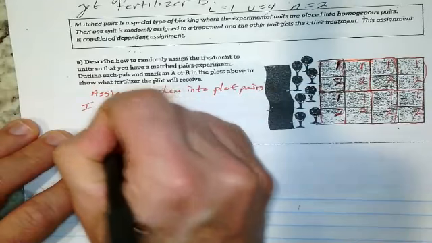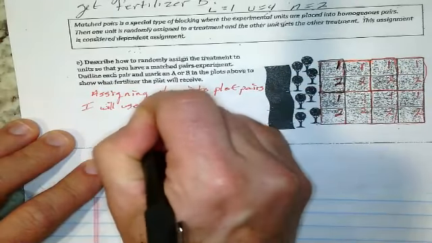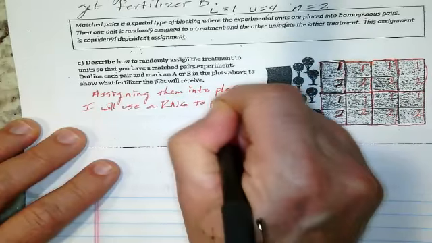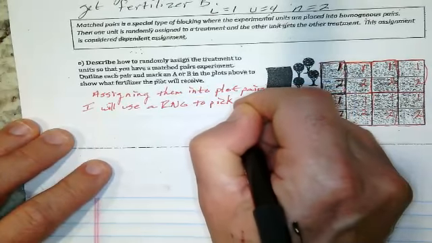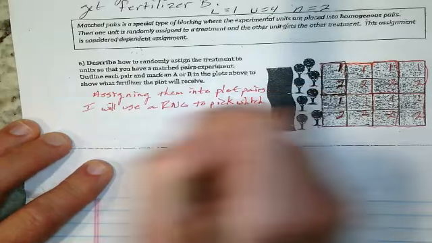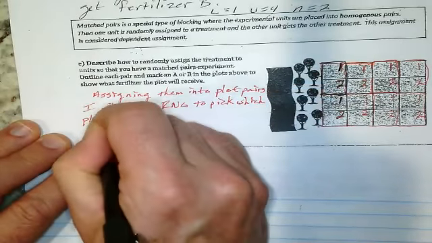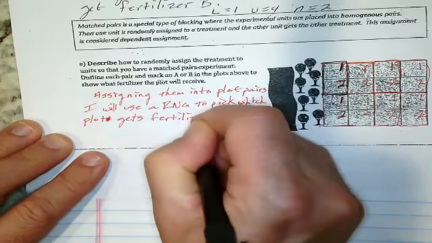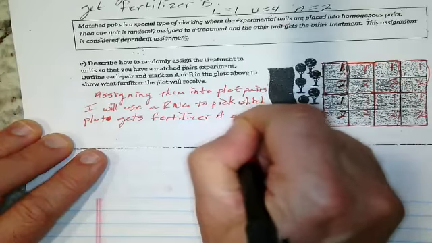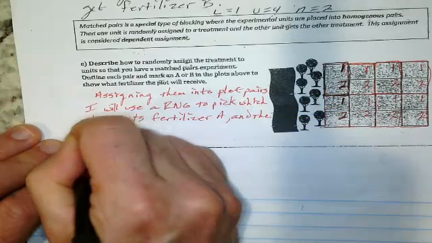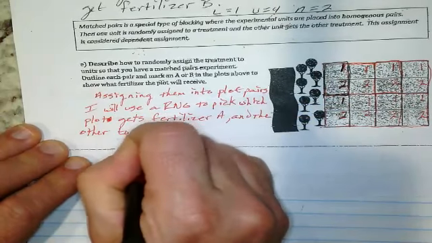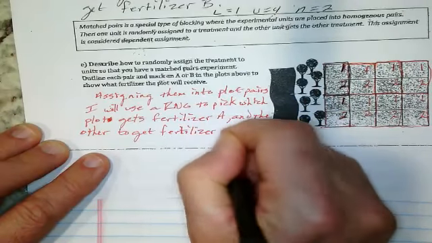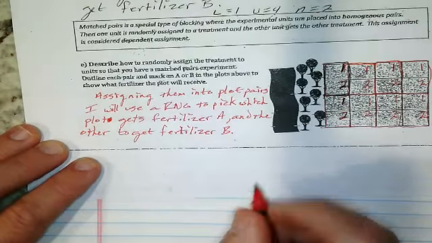I will use a random number generator to pick which plot gets fertilizer A, and the other to get fertilizer B. We can use a random number generator.